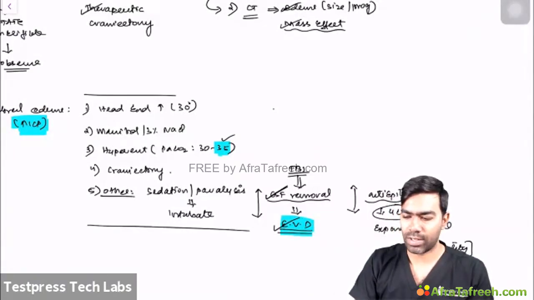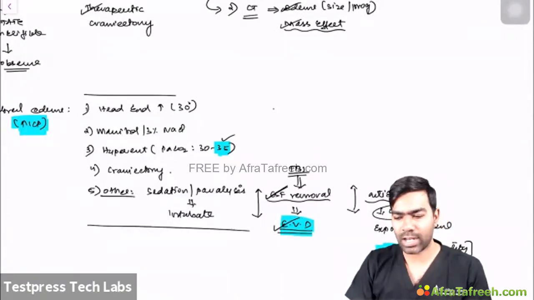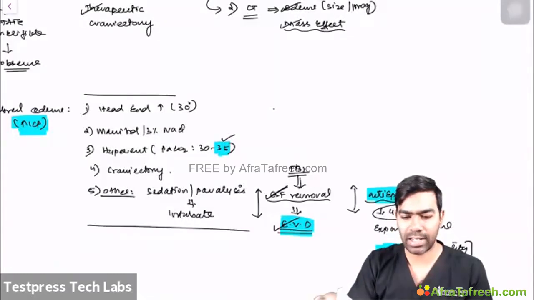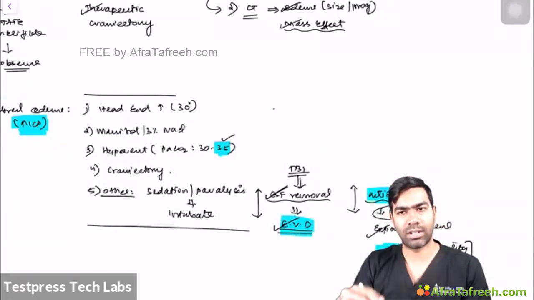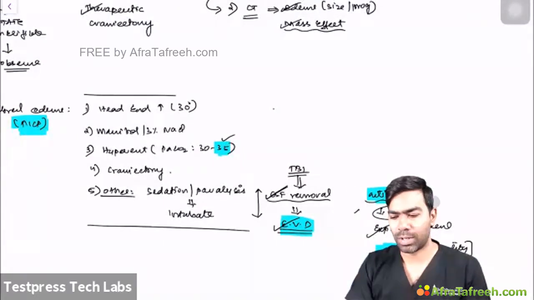You can still give antiepileptics if the patient is having a declining GCS and you don't have continuous EEG monitoring, and if the edema is expanding and the ICP is increasing on the external ventricular drain catheter, not a problem. But once the seizure comes, there is no doubt. You're going to start antiepileptics for sure. But prophylaxis, low quality evidence, but still you can start if you want.